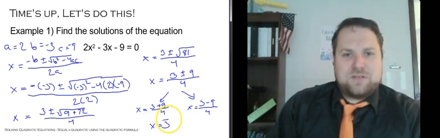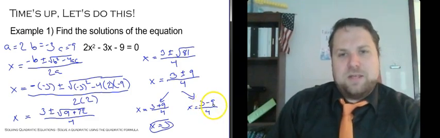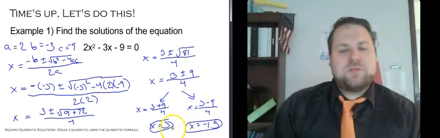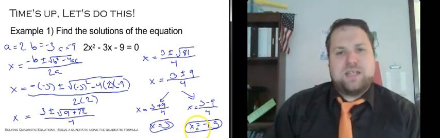So one of my solutions is x equals 3. The other one, 3 minus 9, would be negative 6 over 4. And you can simplify that down to a decimal, which is negative 1.5, or leave it as a fraction. Either one is okay. But those are my two solutions, x equals 3 and x equals negative 1.5.